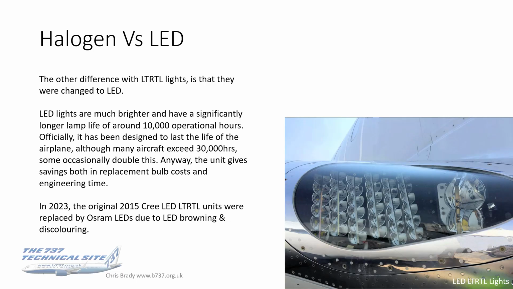Anyway, it's way longer than the typical 70 hours of the old halogen PARs. So the unit gives savings in both replacement bulb costs and engineering time to do said replacements.